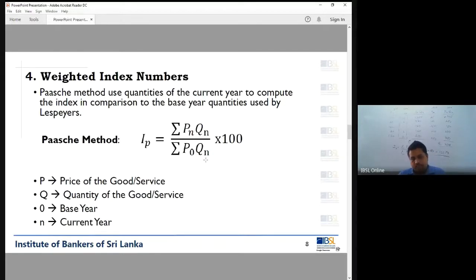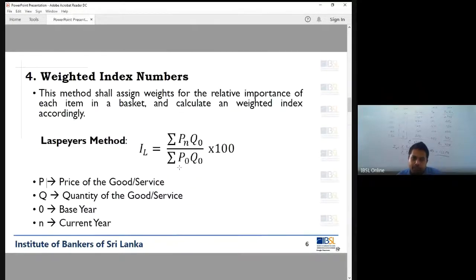Isn't that so? The quantity that you're going to consume under this basket for this year is not going to be the same for the next year. So obviously under the Paasche method, your denominator is going to have a different value. Look at the Laspeyres method. This P0 and Q0 for the base year, once you define it, it is going to be a constant, isn't that so?